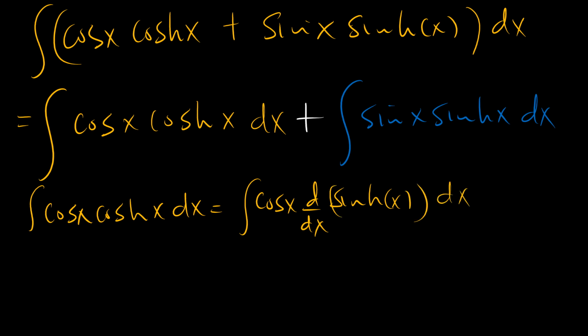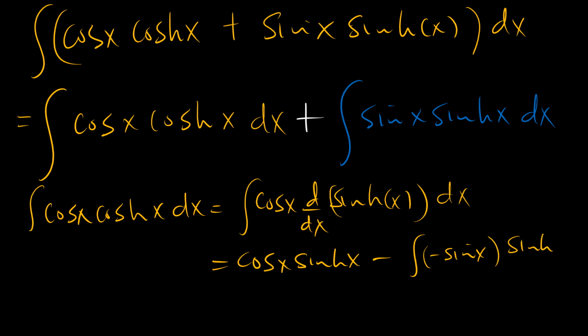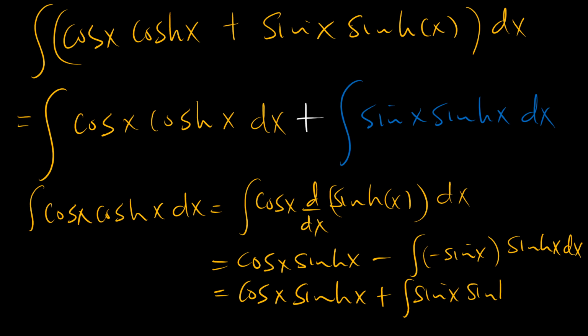Using integration by parts, this becomes cosine of x sinh of x minus the derivative of cosine, which is negative sine of x, times sinh of x. So this equals cosine of x sinh of x plus sine of x sinh of x.